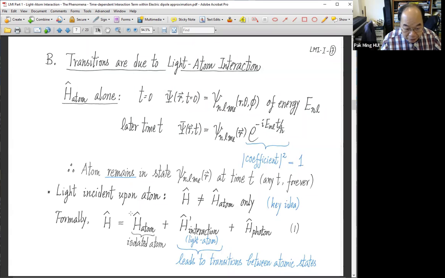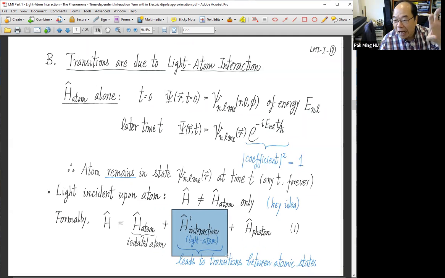Without anything, you solve this isolated atom, lonely atom. And then once we include light into our consideration, this is light alone without the atom. So to be fair, equal footing. And therefore, we also need to include how this atom, free atom, and free photon, how they interact. This is the interaction term.